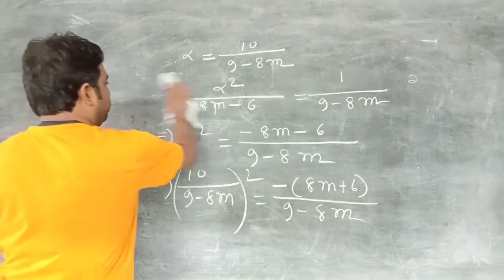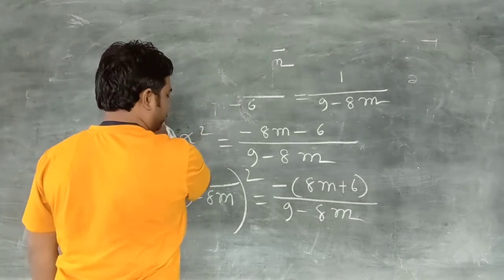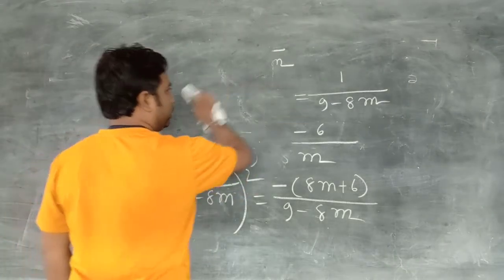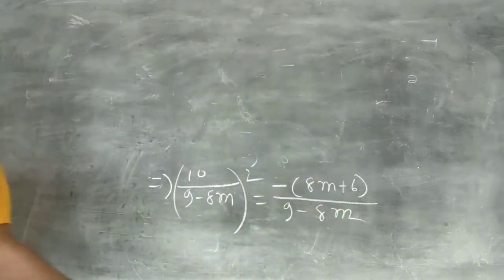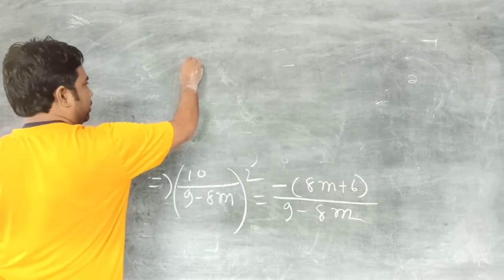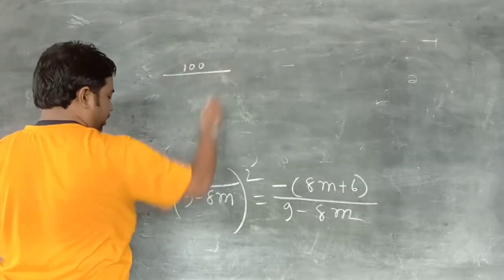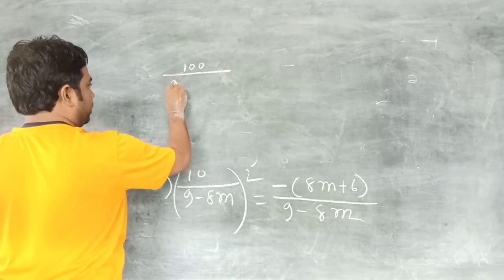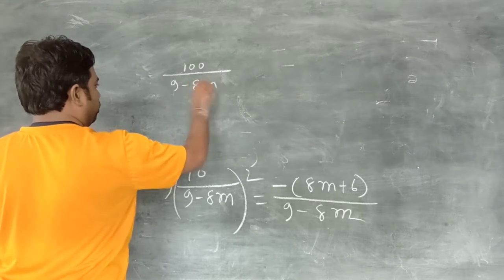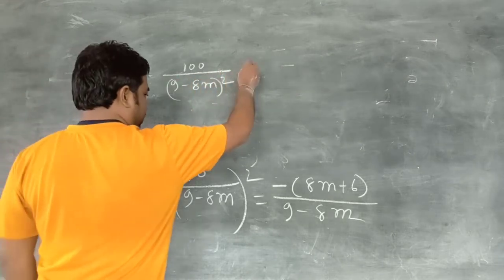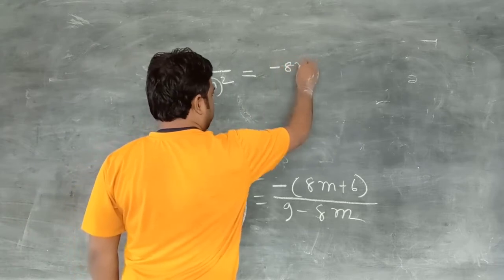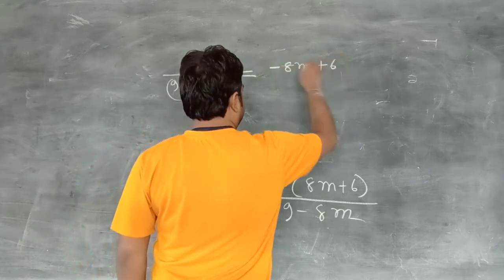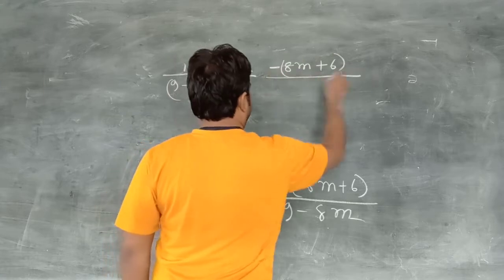So what will be the value of m? This is 10 square is 100 by 9 minus 8m whole square. This is minus 8m plus 6 by 9 minus 8m.